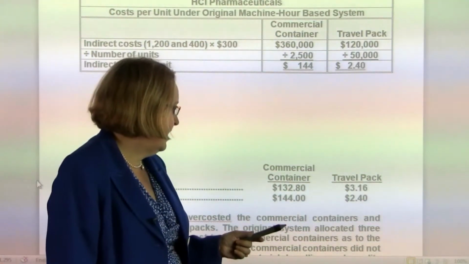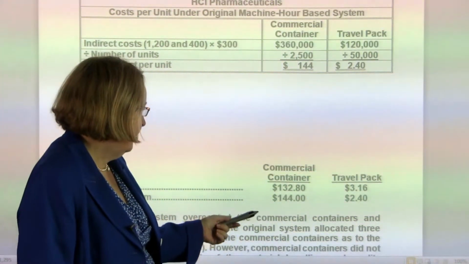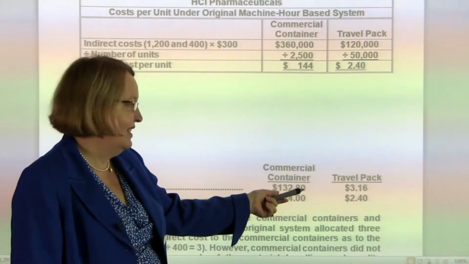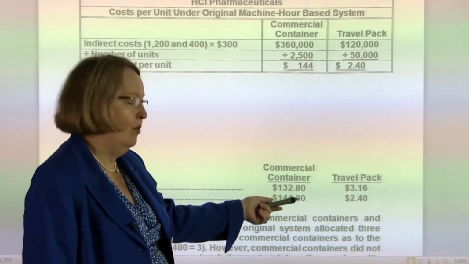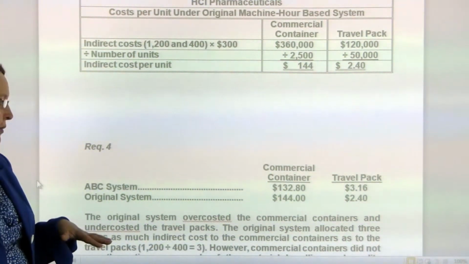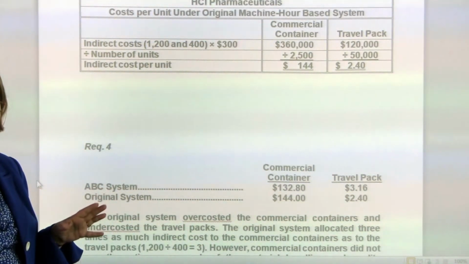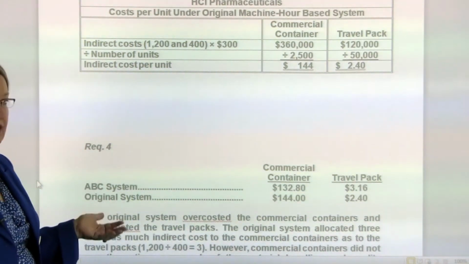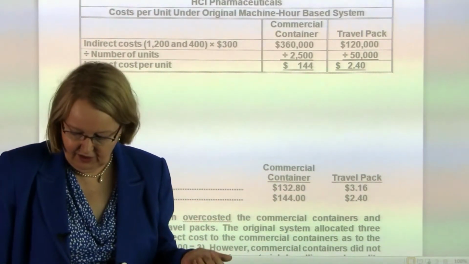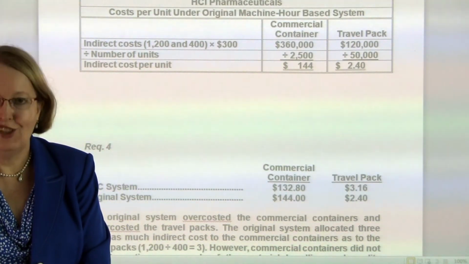The reverse is true for the travel pack. Under traditional, it's $3.16, but the real cost is only $2.40. So here you've overstated your cost for the travel pack. So you can see that there is a significant price difference or cost difference in these two products, which would ultimately impact the price that you charge for these products. So that ends our problem number 4-38.